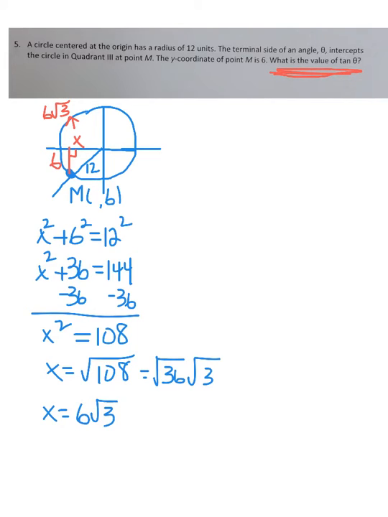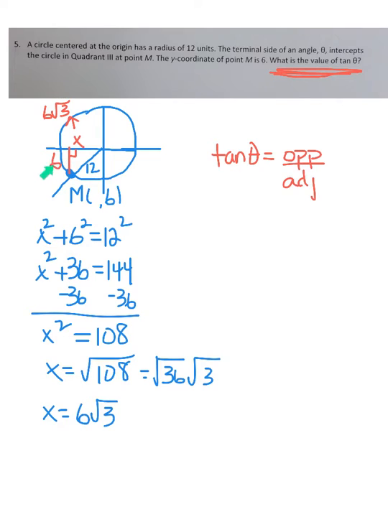Okay, so I know that tangent is the opposite over the adjacent, right? Okay, so if I look at my triangle here, here's the angle that I'm going to be starting with. The opposite side goes directly across.